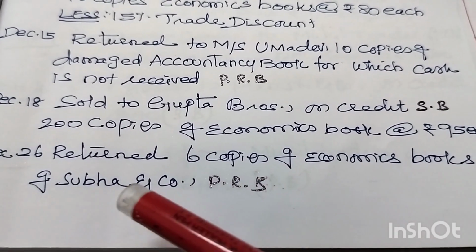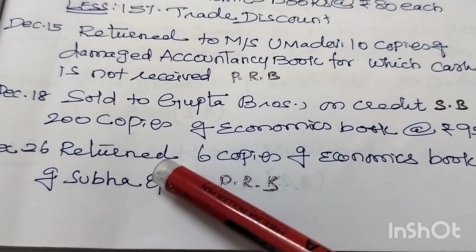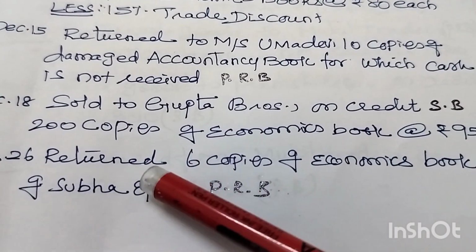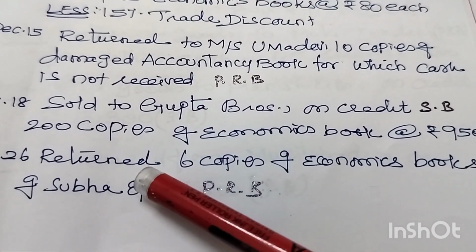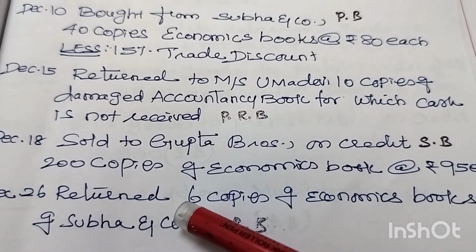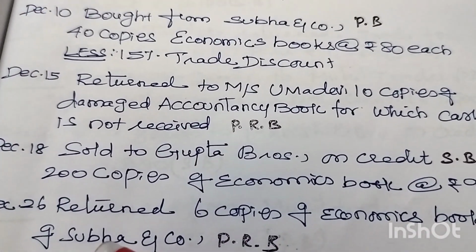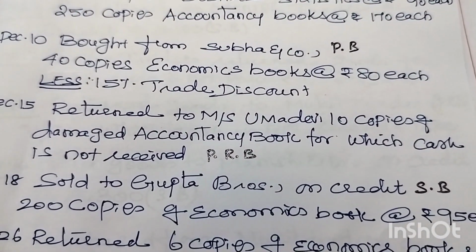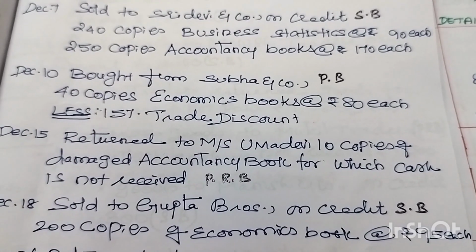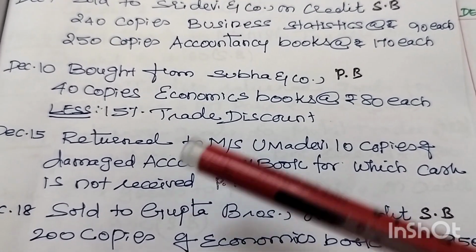The next transaction is on December 26, returned 6 copies of economics books to Subha and Co. What does this transaction tell us? This transaction tells us it is a return related transaction. To whom did we return? Subha and Co. So we have to find whether Subha and Co. did any other transaction previously.